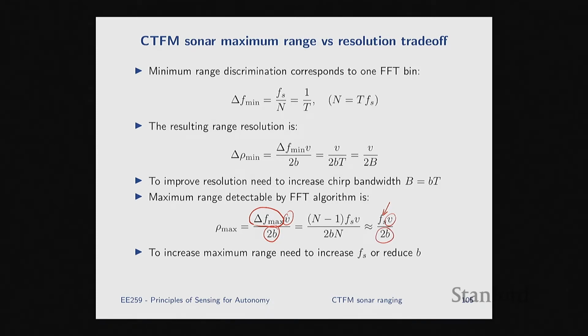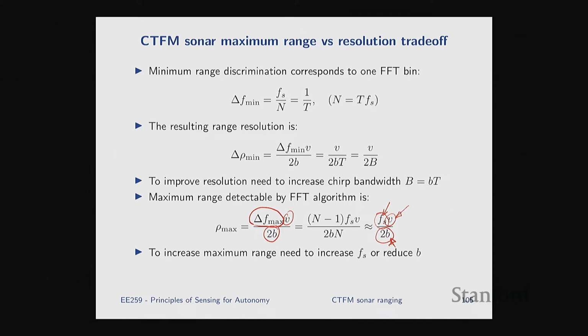So here, if you want more range, what should you do? Either increase the ADC sampling rate, use a faster ADC, that's one way. Speed of sound, well, we don't have any control over that, or you can make the denominator smaller, which means reduce your slew rate, okay?